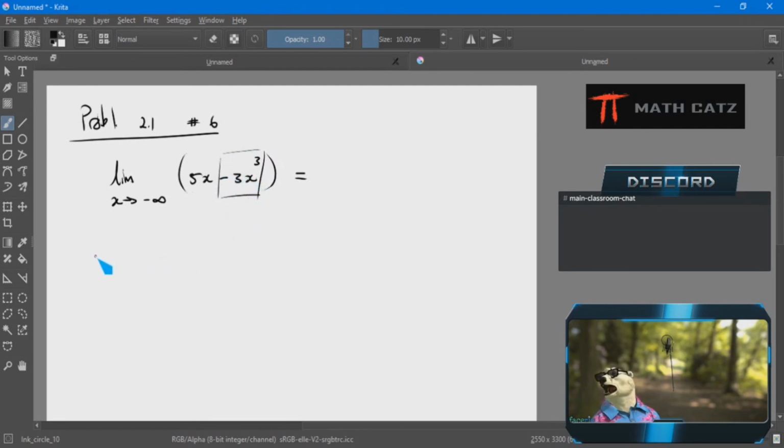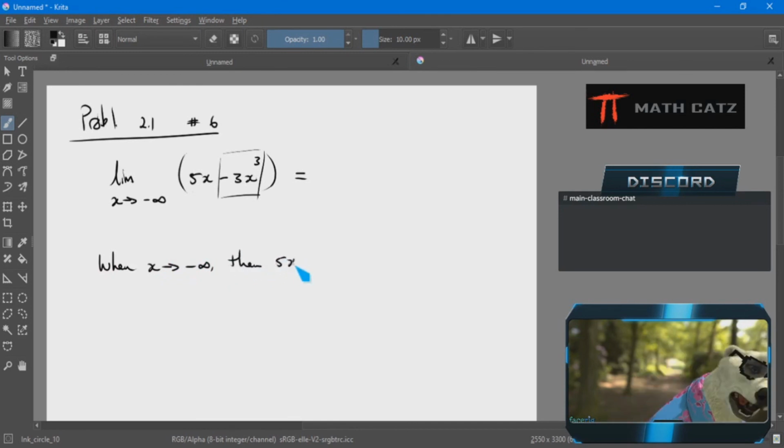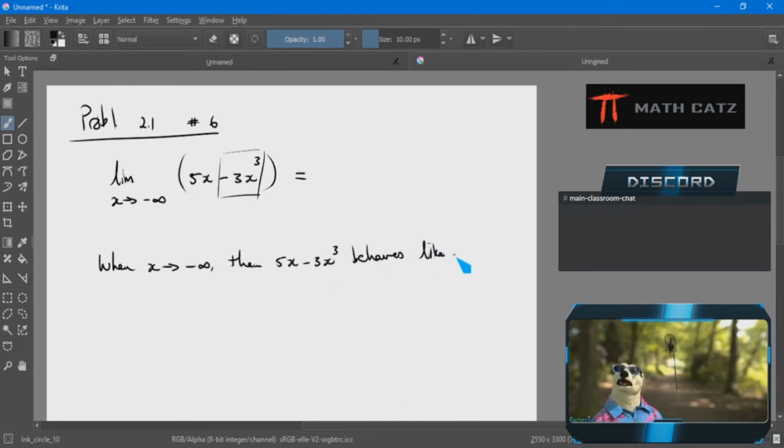So I simply need to look at what this leading term does. We can actually say, if you want to link it to how we said it before, we could say when x approaches negative infinity, then 5x minus 3x cubed behaves like negative 3x cubed. Now, all we're doing is rewriting this sentence.